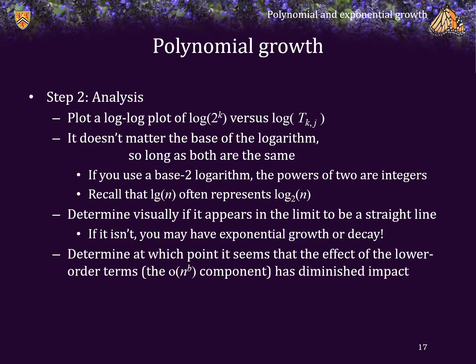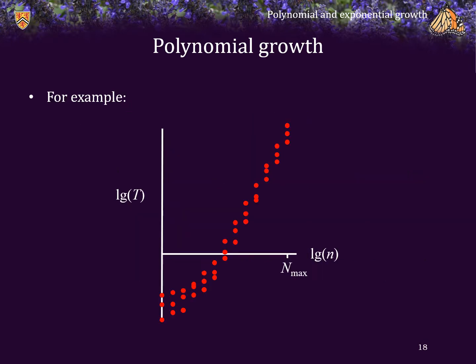Also, we're going to look at the plot, and if it is linear or appears to be approaching something linear, then we will determine at which point the lower order terms have negligible impact. For example, here we see a log-log plot of the previous data.